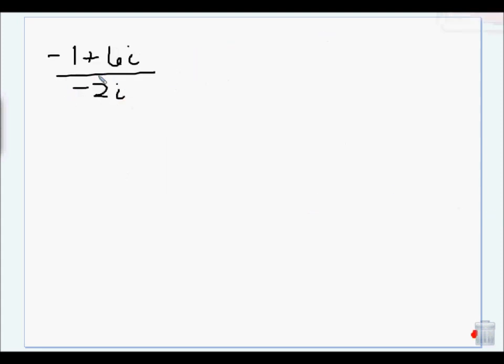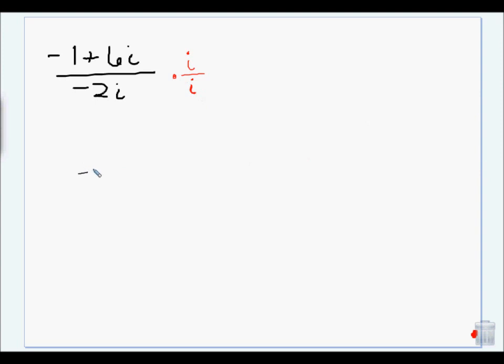We don't have a conjugate, right? We don't have an expression. I only have a pure imaginary number. You just multiply by i, because I just need to cancel the i out. So if you have just a pure imaginary number, you just multiply by i. You don't have to multiply by anything else.